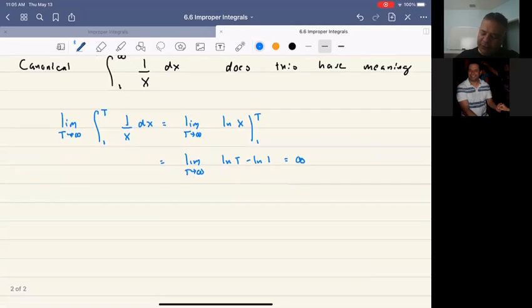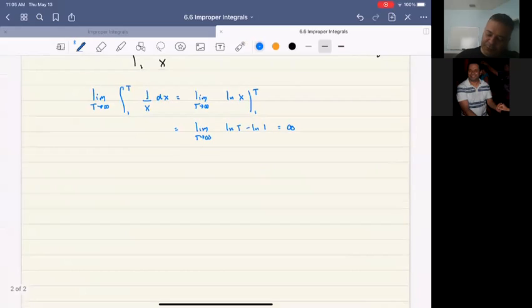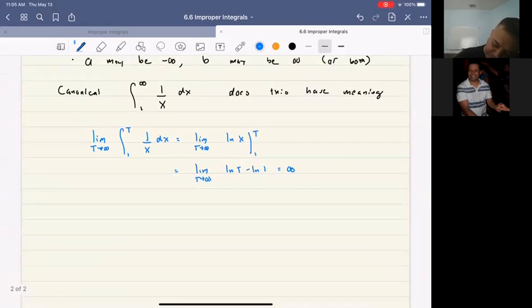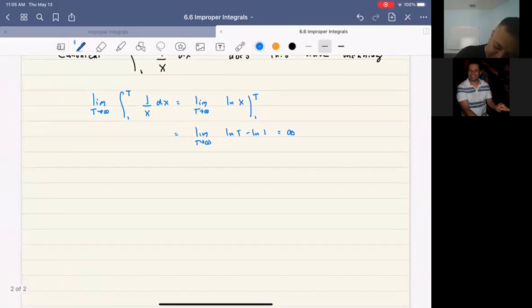Okay? But we can do this more generally, so let's take the general case. Actually, we usually use p. Let's take p not equal to 1.